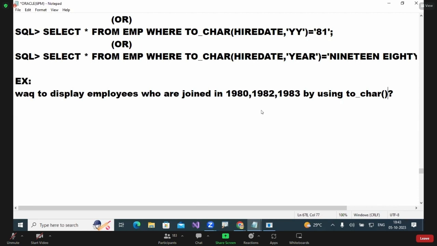Anything as your choice, but write down any one format. Don't write three formats, it's a waste of time. Use any one interval and find out. Completed? Very good. Sit, I will call.